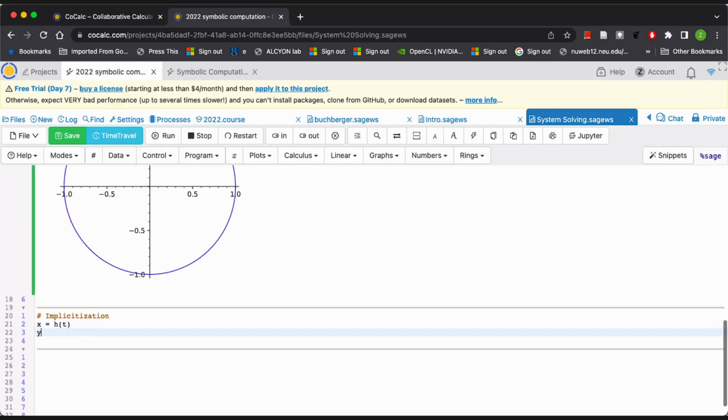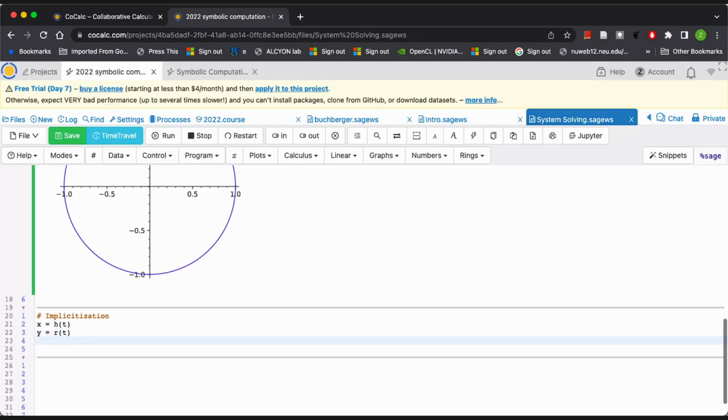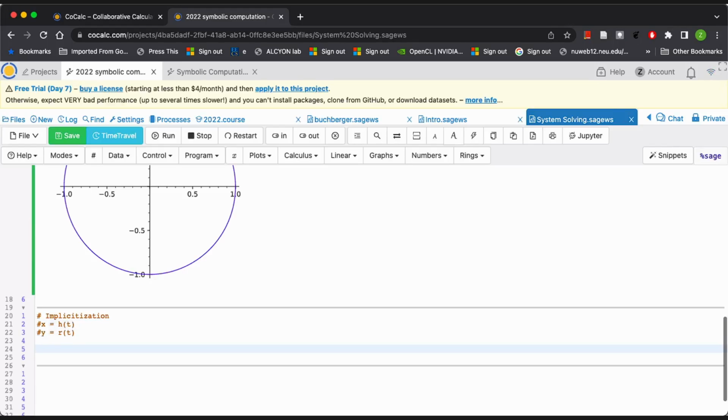And y is equal to r of t. Do we agree until here? This is how the parametric equation is defined.